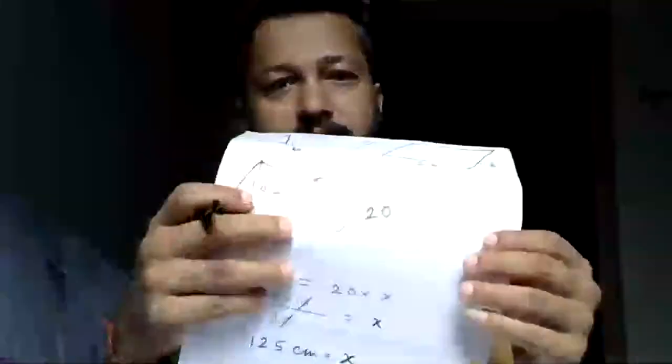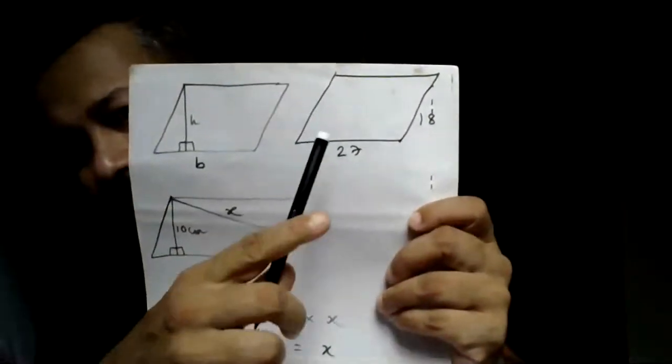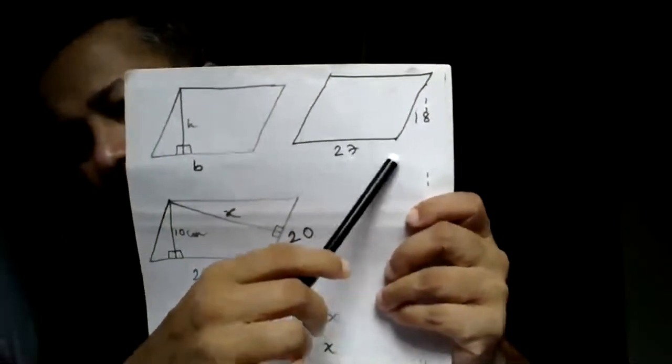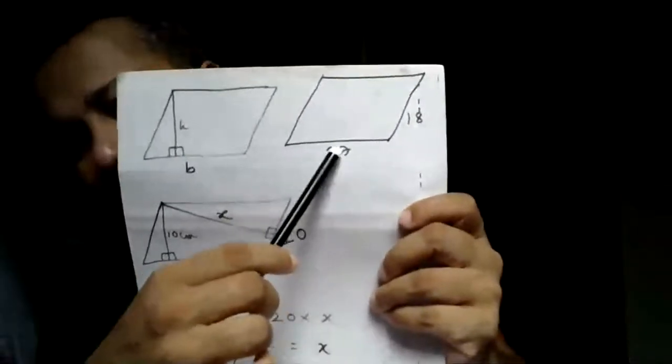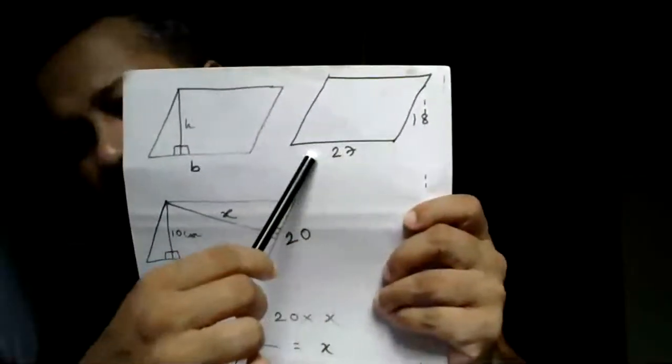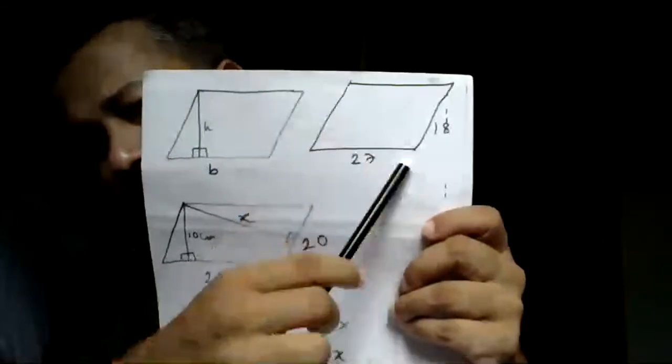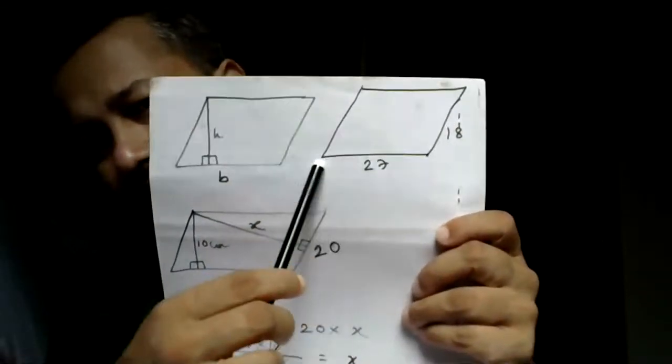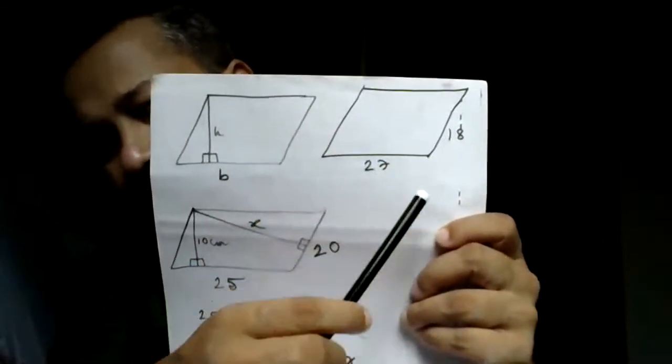Now, I'm drawing another parallelogram whose two adjacent sides are 27 and 18. One side is 27, another side is 18. Try to understand this figure. This side is 27 and this side is 18.